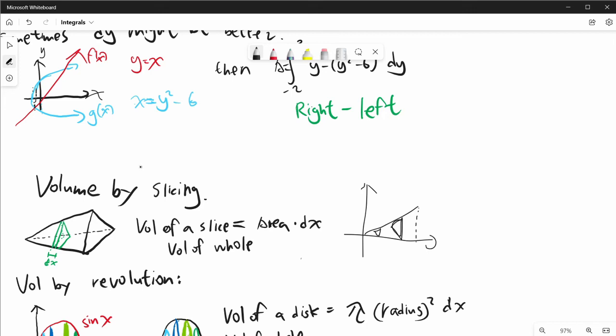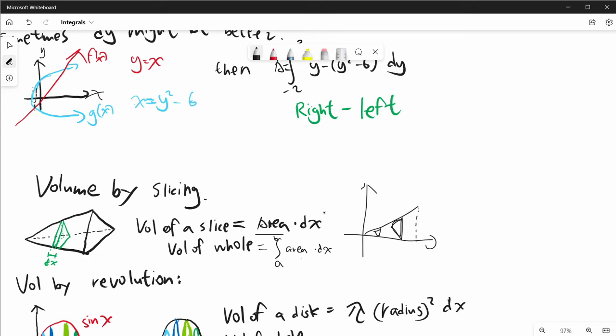Generally you want to know how to calculate that area, so then you can multiply it by dx, and then integrate over all of that, whatever the area may be times dx.